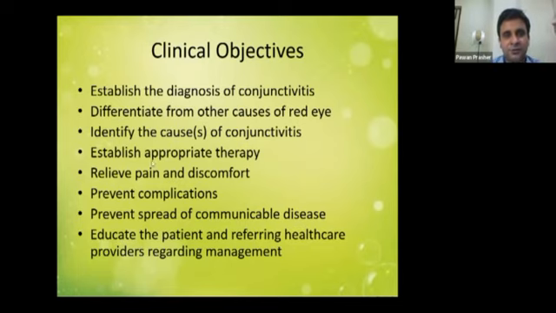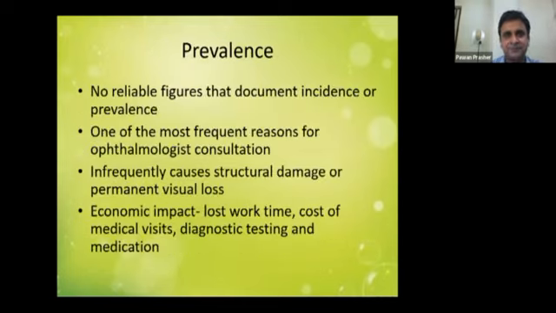It's important to identify the basic cause or causes of conjunctivitis, establish the appropriate therapy, provide relief from pain and discomfort to the patient, and prevent any potential complications. Also, conjunctivitis is a communicable disease, and we should educate the patients and the referring healthcare providers regarding management and preventing the spread of infection, which is more important in these COVID times.